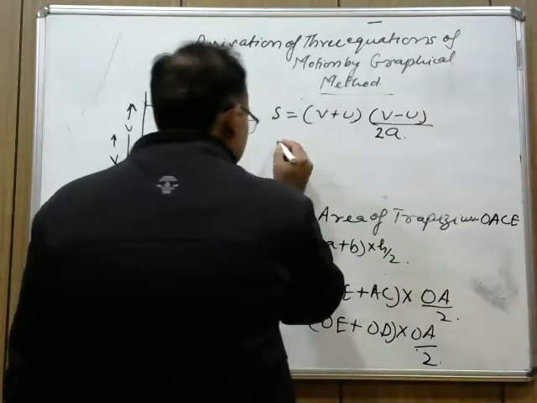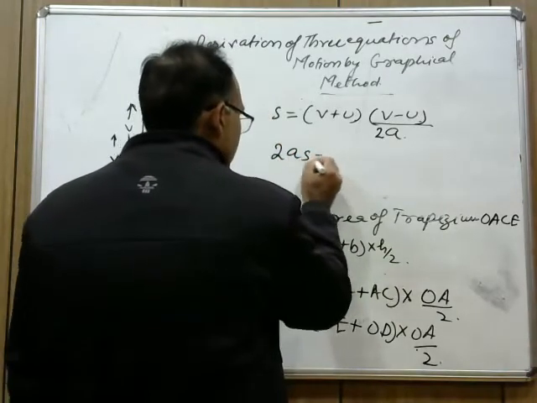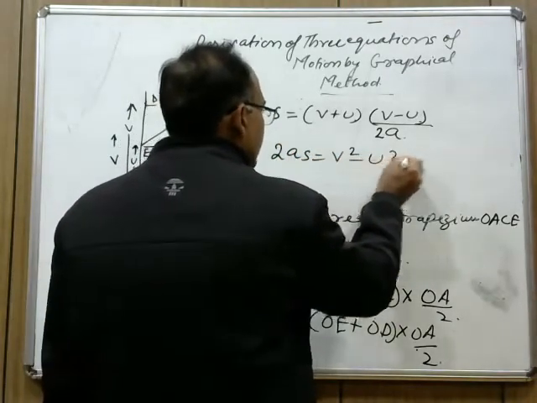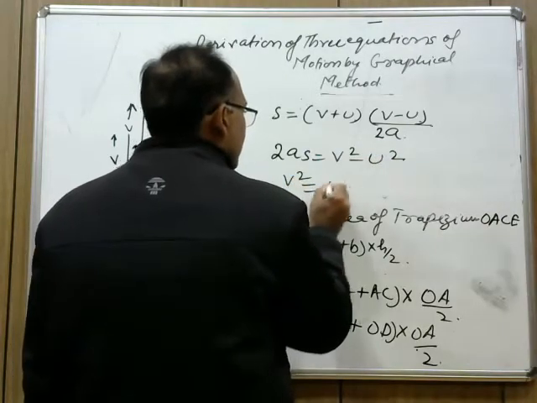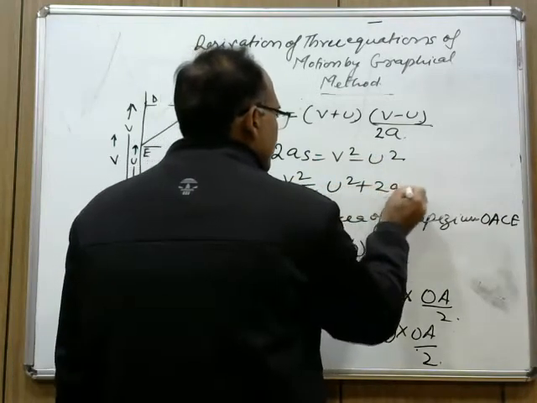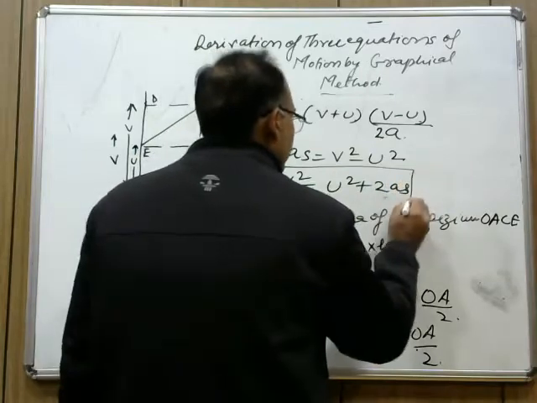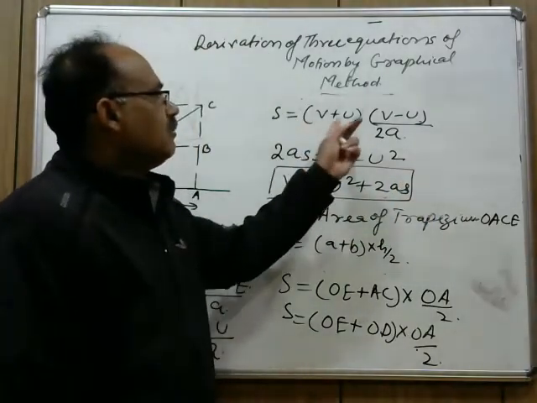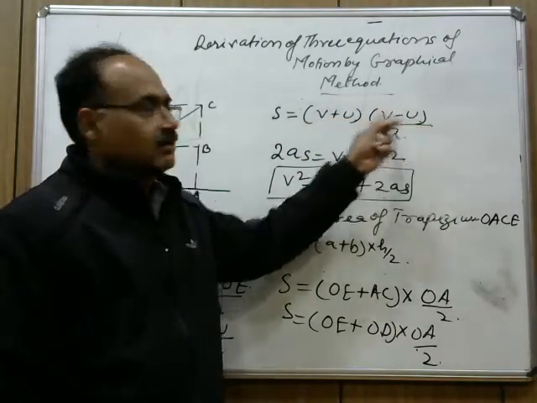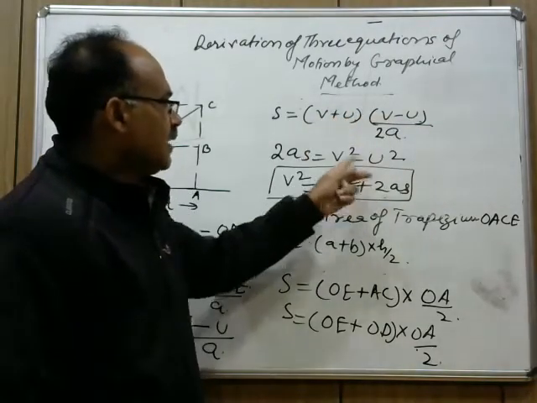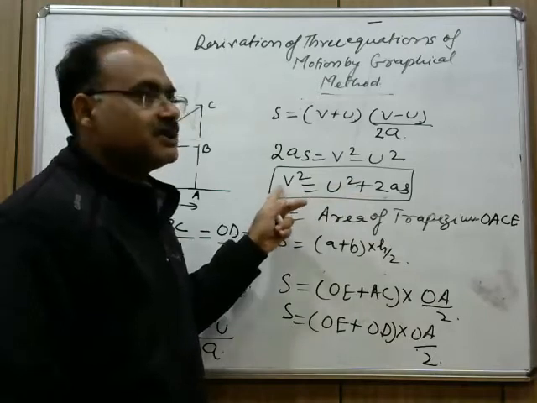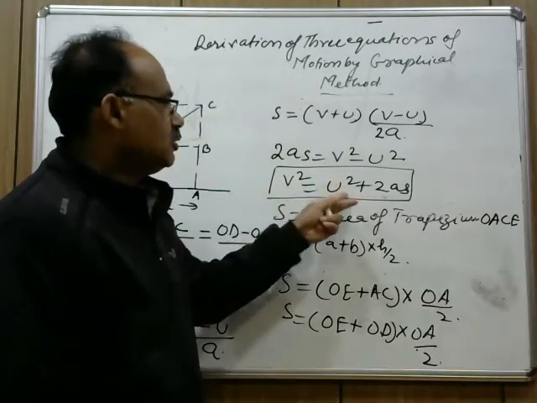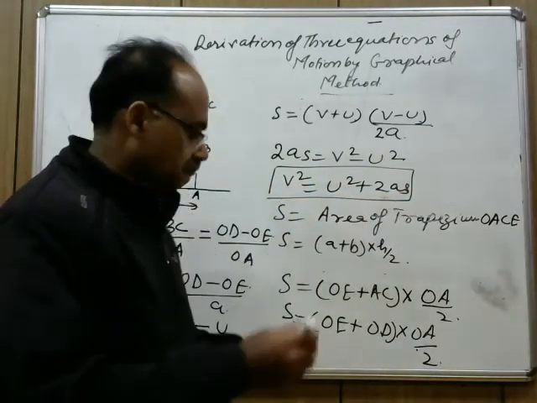Now we can write 2AS is equal to V square minus U square, or V square is equal to U square plus 2AS. Because this is in the form of (A plus B) into (A minus B), that is A square minus B square, you will write the final expression as V square is equal to U square plus 2AS.